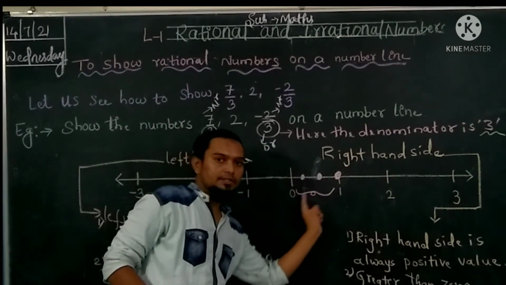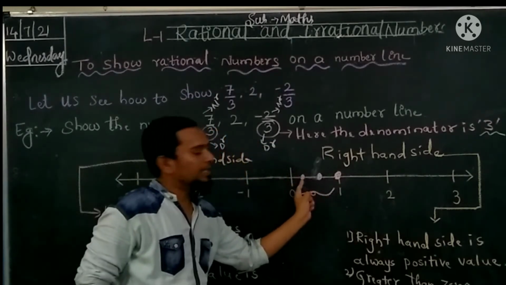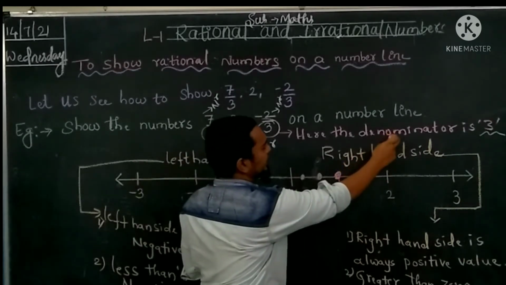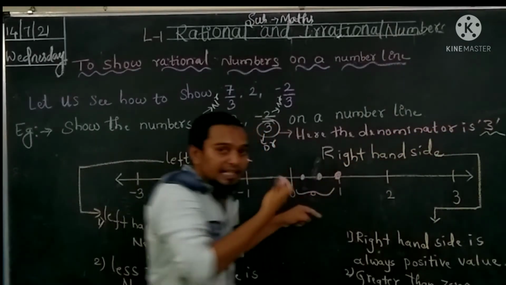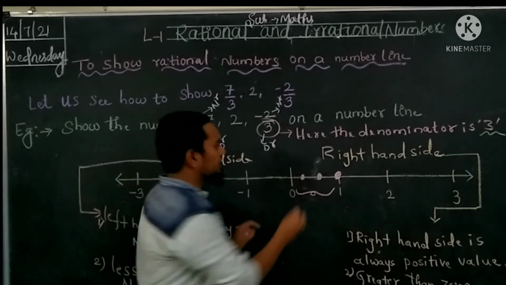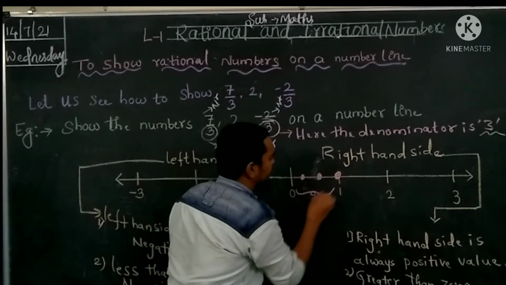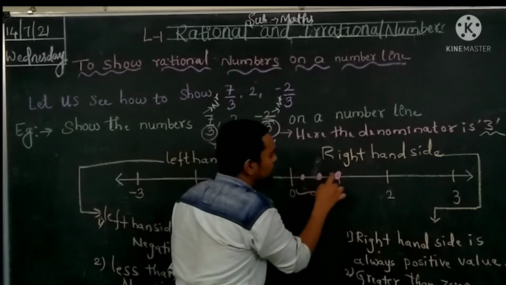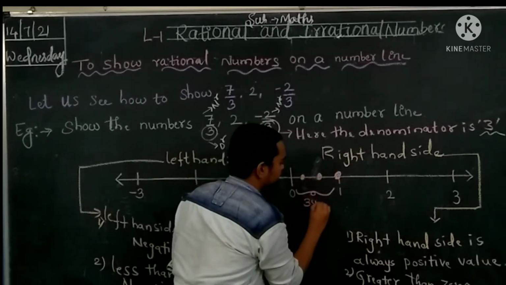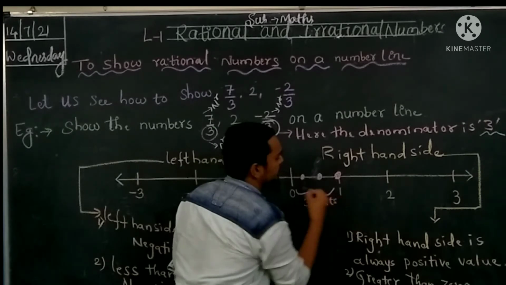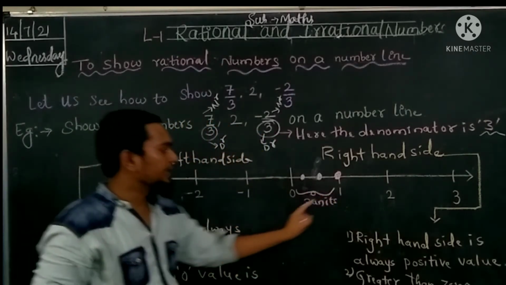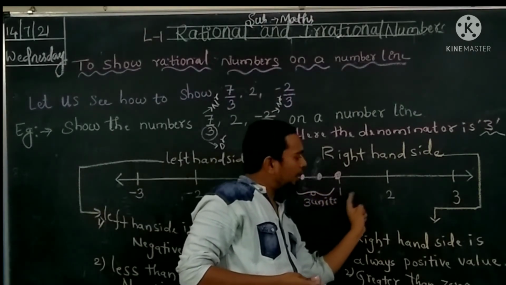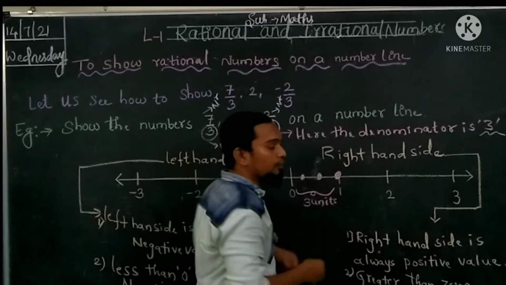The difference between 0 to 1 is how many units? Given the denominator is 3, here we are taking 3 units. The difference between two numbers is 3 units. 0 is left: 1, 2, 3. This is 3 units. Next, the difference between 1 and 2 is also how many units?